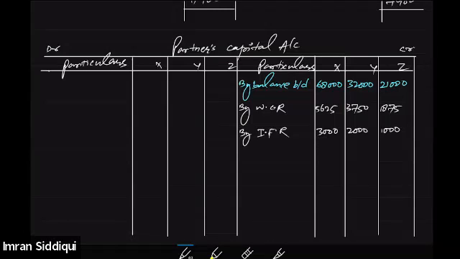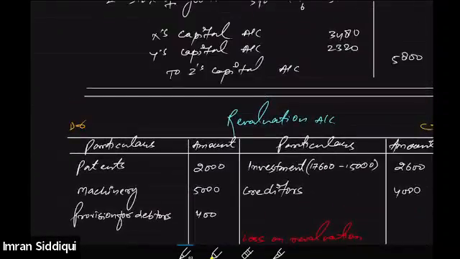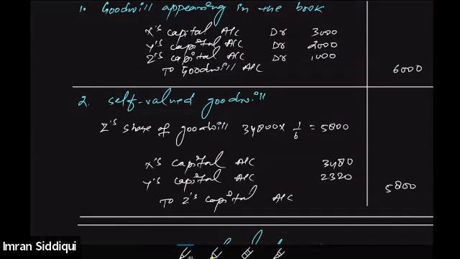Okay, now if you remember, we had passed the journal entry earlier as well. These need to be recorded in the partners' capital account as well. As you can see in the first journal entry, which says goodwill appearing in the book, we have debited X capital account, Y capital account, and Z capital account to goodwill.